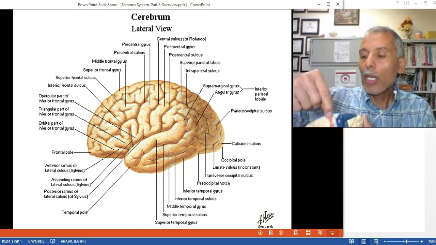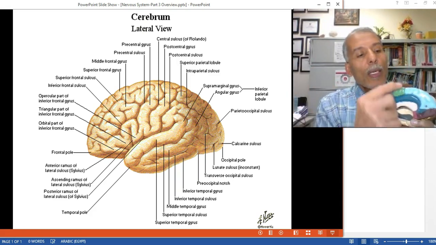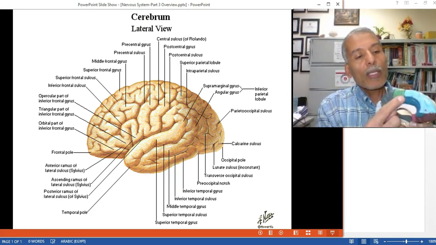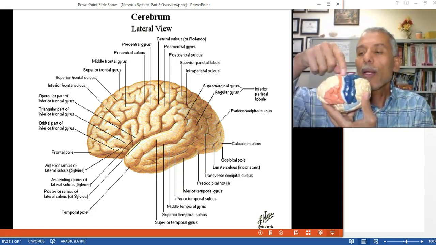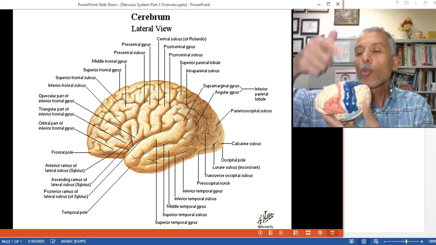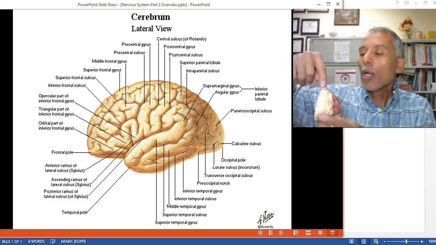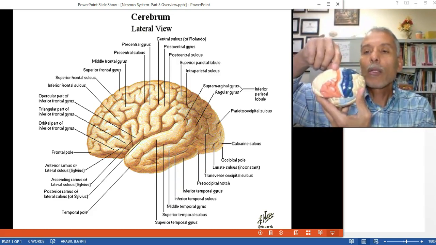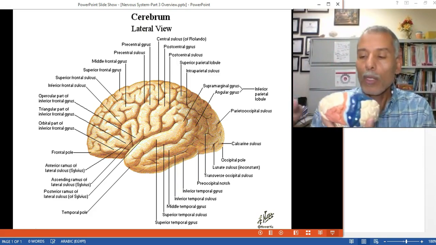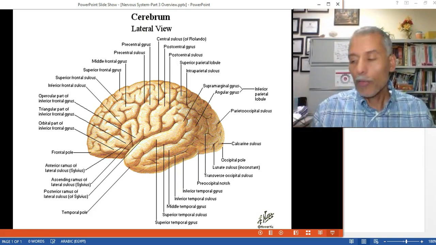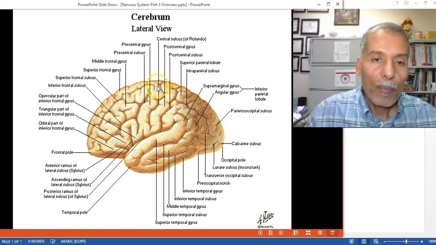And then the area above that premotor cortex, just about here, and continues between the hemispheres, that is called the supplementary motor area, on the superior, posterior segment of the frontal lobe, and it also continues between the two hemispheres. So that is the supplementary motor area.